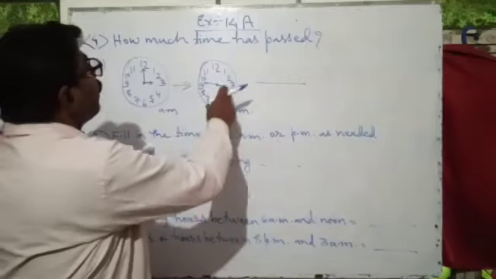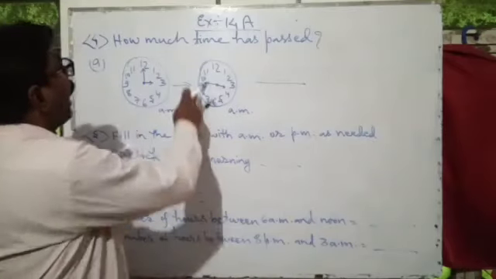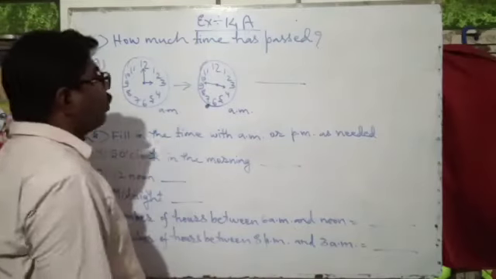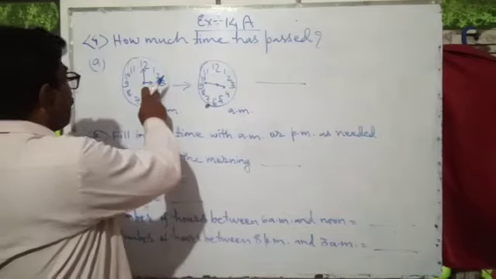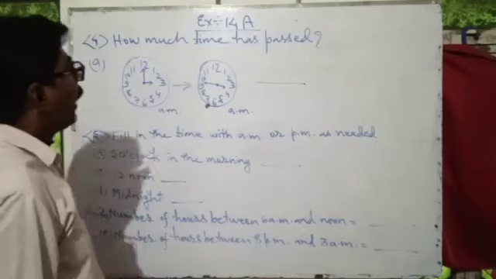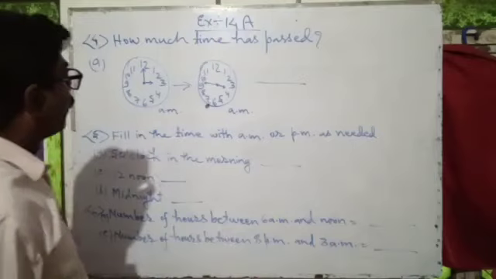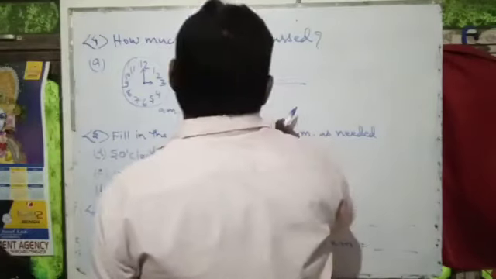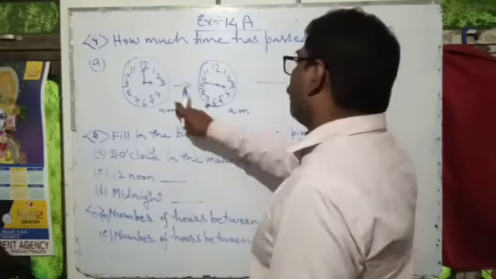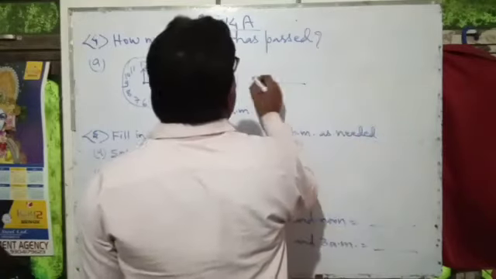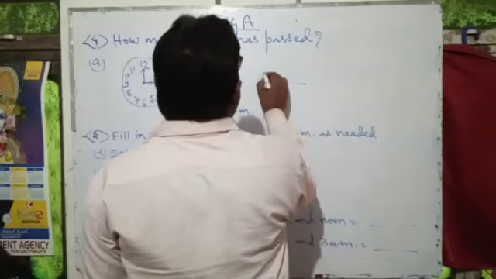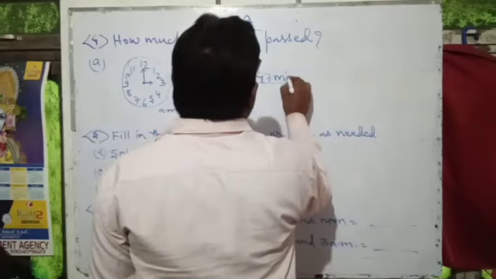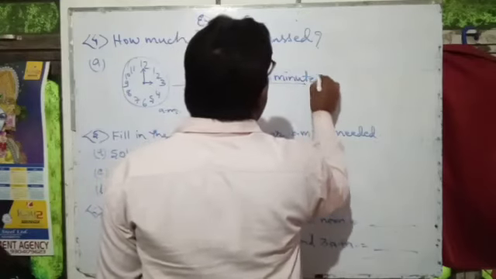That means 9 5s are 45 plus 2. That means 47. Here is 3 a.m. and here is 3:47 a.m. That means 47 minutes has passed. You can write here 47 minutes.